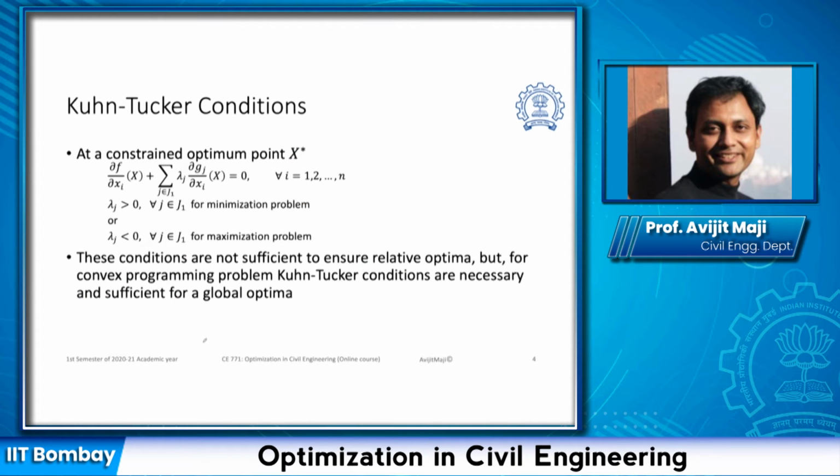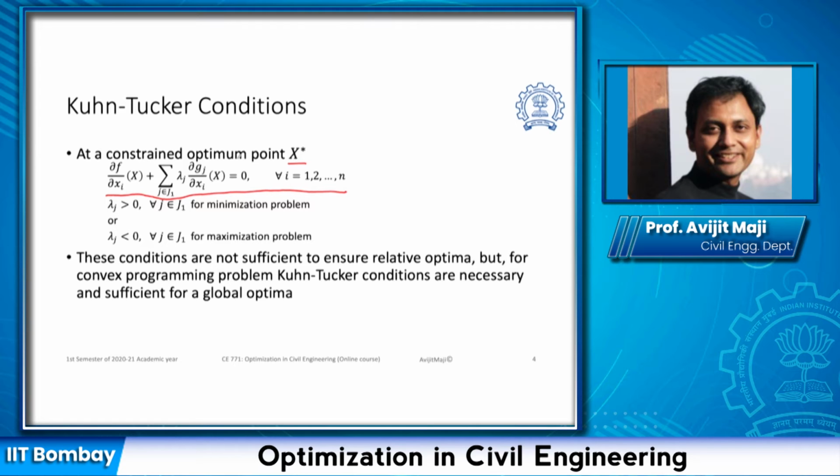In the Kuhn-Tucker conditions, at a constrained optimum point, which is my x star, the first set of necessary conditions for the active constraints only is going to yield this set of equations.